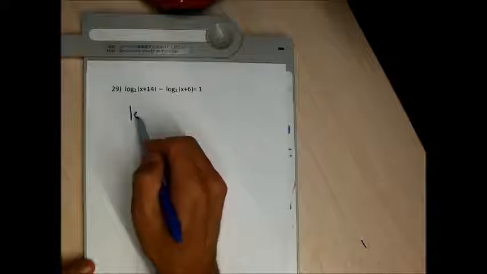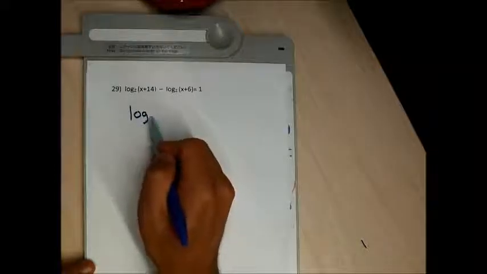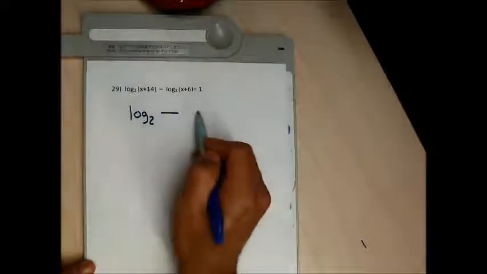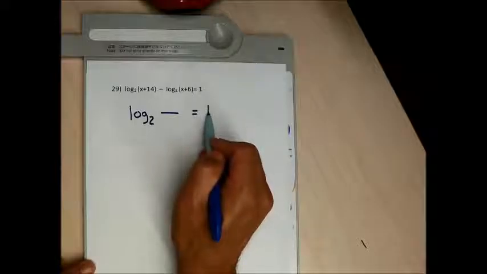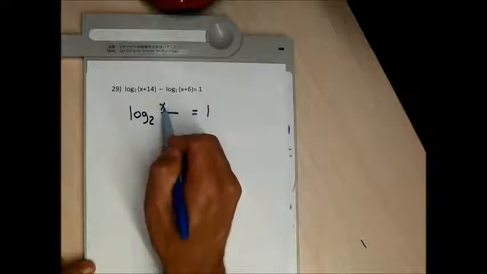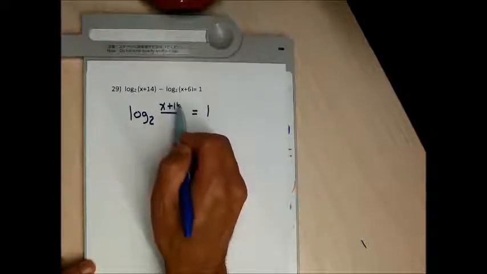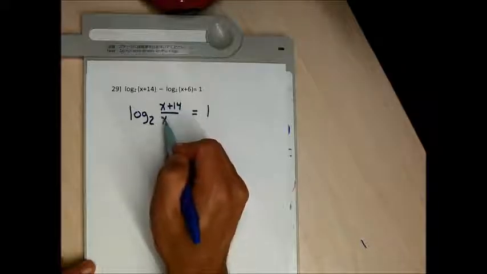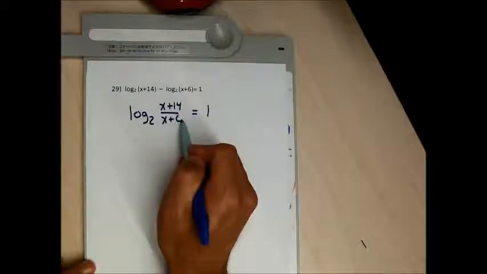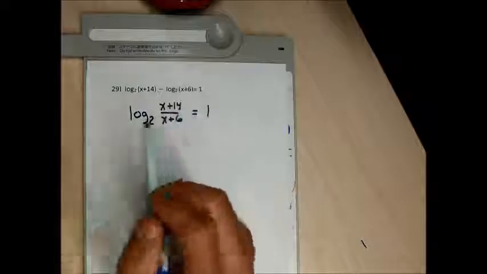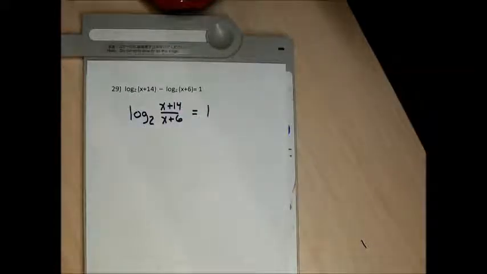And in problem 29, because there's a minus between the 2 logarithms, when I go to condense the left-hand side from 2 logarithms into 1 logarithm, I'm going to use the minus to divide rule. It basically says if you have 2 logarithms with the same base separated by the minus sign, that you can rewrite those 2 logarithms as 1 logarithm if you divide the arguments.